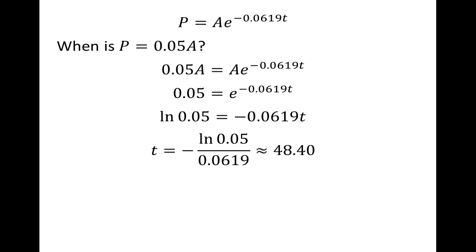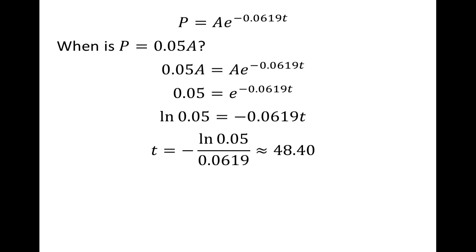And if you think about that just sort of logically, it makes sense. If we start off with 100%, after 11.2 hours, we're down to 50%. After another 11.2 hours, we're down to 25%. We're at 22.4 hours. If I go another 11.2 hours, we're at 33.6 hours.